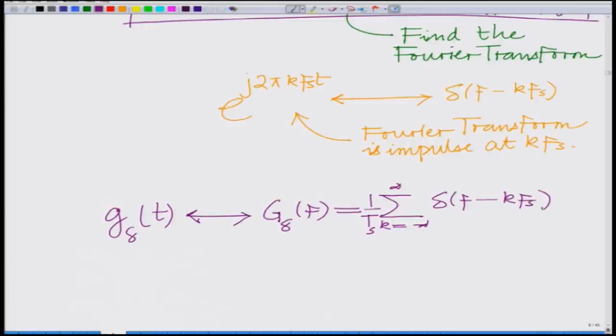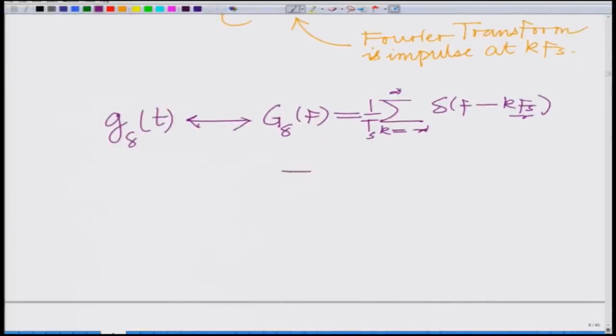Remember, f s is 1 over T s. So this is basically 1 over T s summation k equal to minus infinity to infinity delta f minus k over T s.